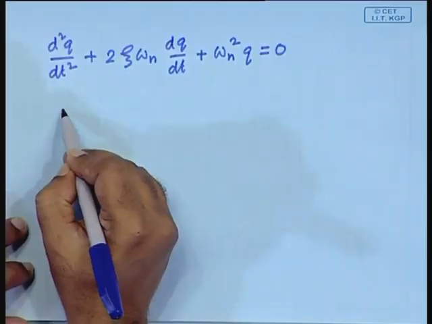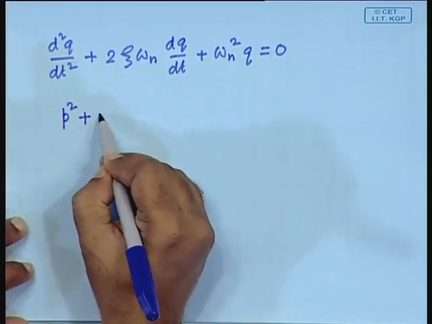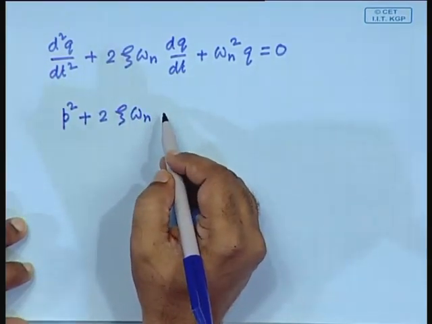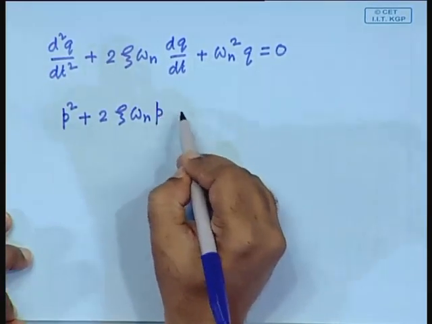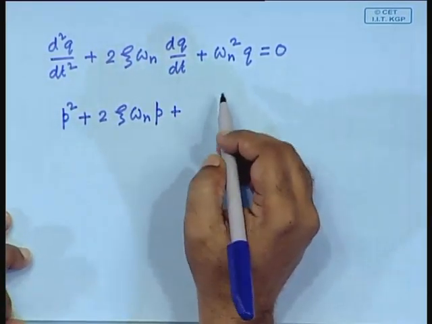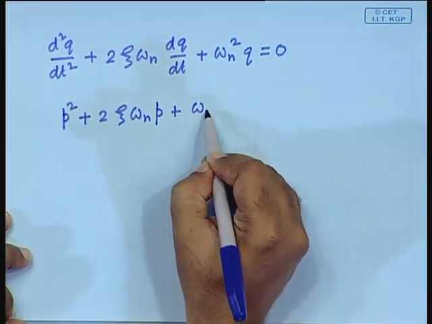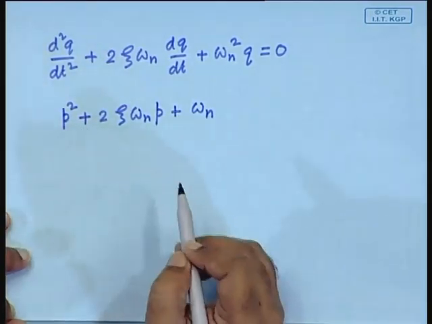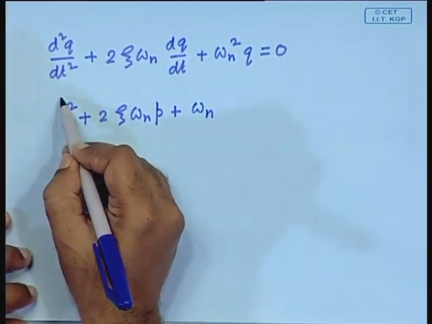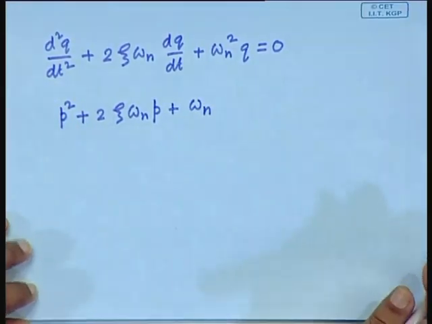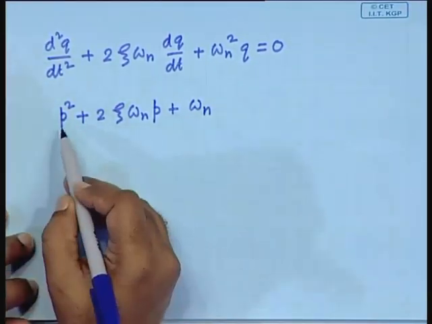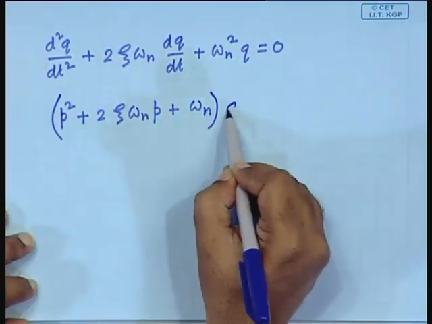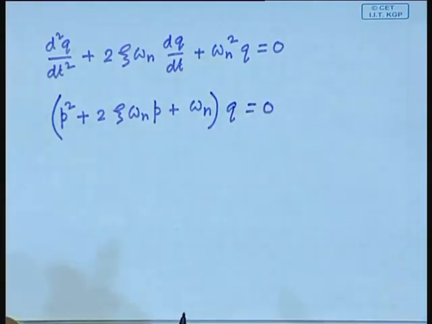So, it would be p square plus twice zeta omega n p plus omega n square, acting on q. Here p square q is d2q/dt square. I am writing it this way.